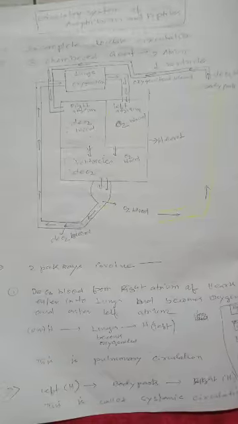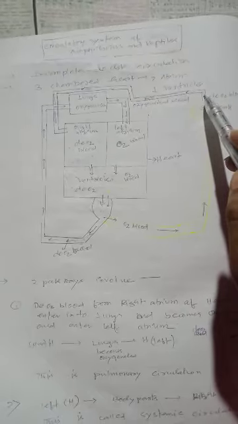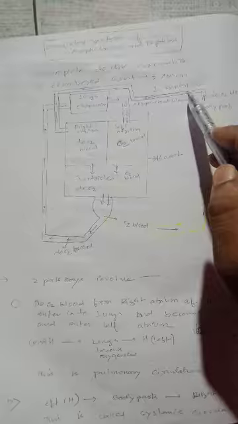Circulatory system of amphibians and reptiles: incomplete double circulation, three-chambered heart, two atria and one ventricle. Deoxygenated blood from body parts through blood vessels goes into the right atrium.